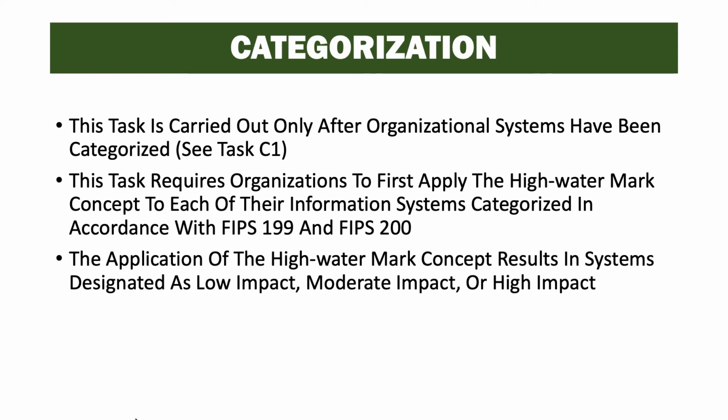For example, if we have 3 information types that are rated at low, 4 information types that are rated at moderate, and 1 rated at high, the high information type becomes the high watermark for the system, and the system is categorized as a high impact system.